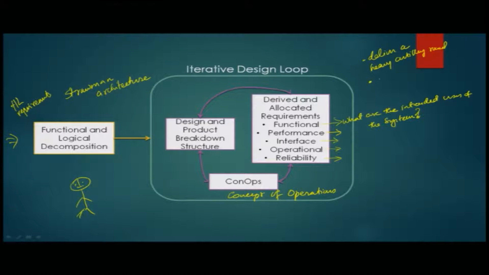Another intended use would be delivering a smoke round to create a smoke screen. Okay. And you could talk about even deriving something called an illumination round for night warfare, something like this. So, these could all be functional aspects of the system, okay, the intended uses. It is not just delivering a heavy artillery round to inflict casualties, it could also deliver these two other things as well. I mean, I am just using simple examples.